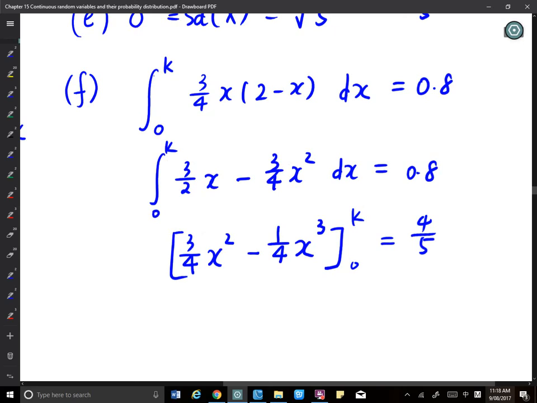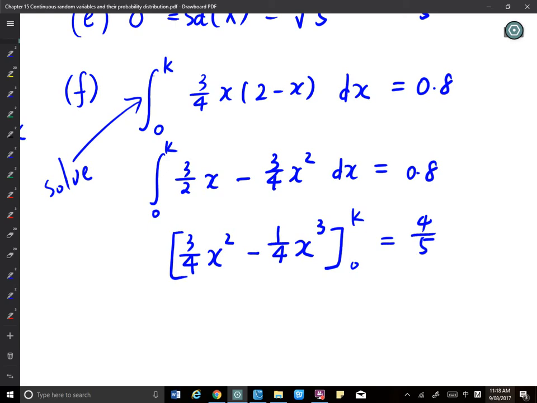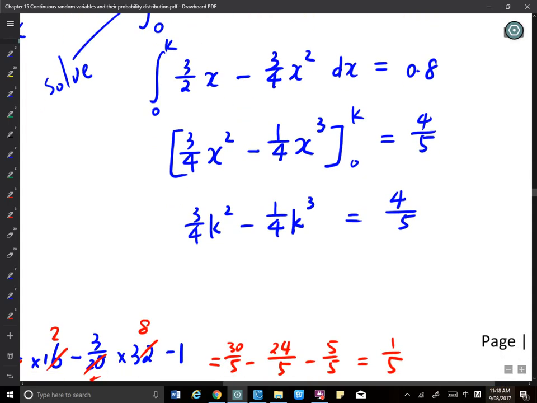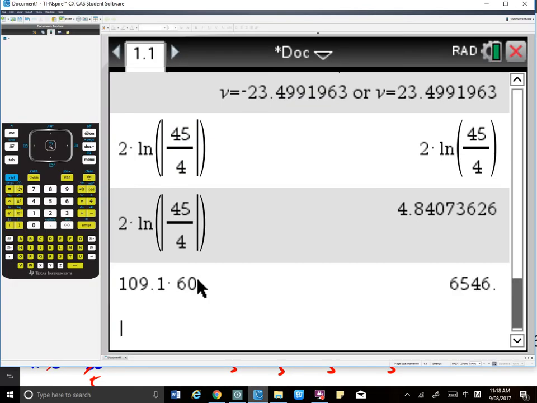First, you can directly solve from this step. I don't think I can solve this by hand, really, so you can solve this directly by calculator. But I'll go through what you need to do if it's asking you to do it by hand. After that, we have 3 on 4 k squared minus 1 on 4 k cubed equals 4 on 5, because when you sub 0, you will still have 0. And you just solve for that.